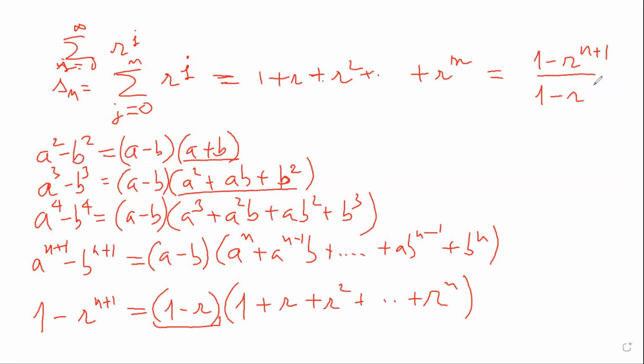Okay, now to find the series, what you need is to find the limit of this sum. You should note that the limit of this sum is 1 over 1 minus r, because this is a constant that doesn't depend on n. N is the thing that we push to infinity, and this thing is a constant independent of n.